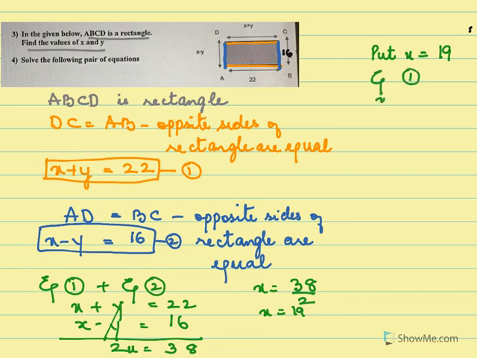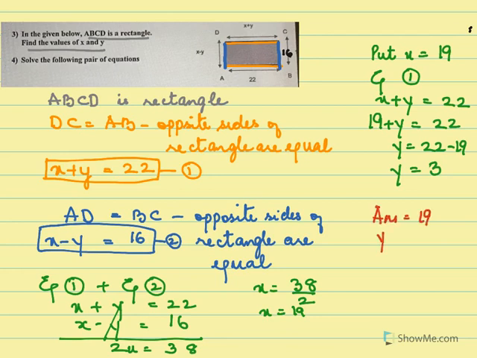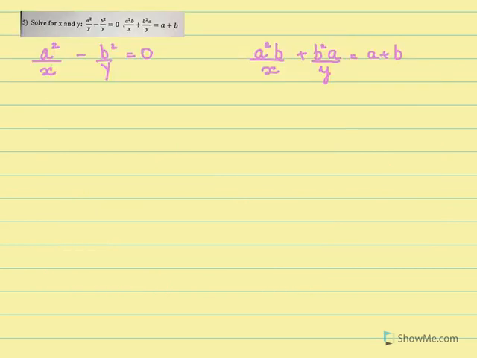Say we take equation 1, which is x plus y equal to 22. So we know x is 19, plus y is 22. So y is 22 minus 19, y equal to 3. So that's the answer, x equal to 19 and y equal to 3.